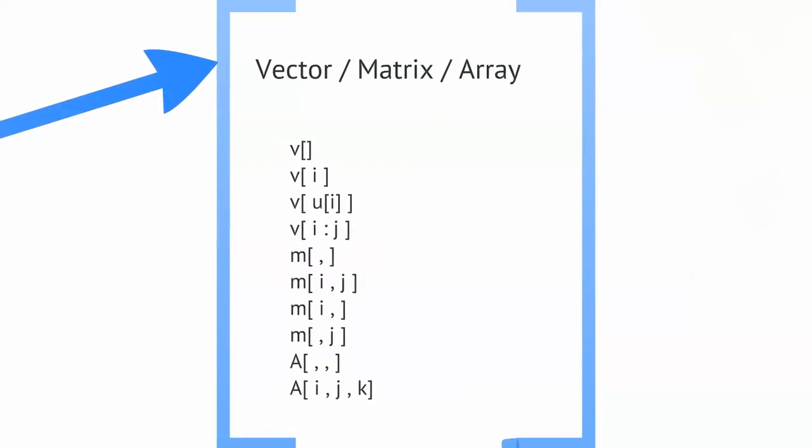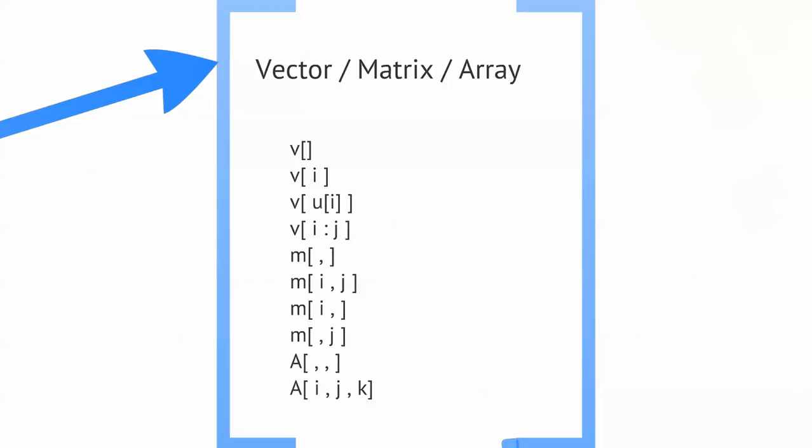Now, to define a vector, we can specify v, and within third bracket we can have nothing to specify that this is a vector. And if we write v and within third bracket we write i, that means we are calling the ith element of that vector. Nesting is possible.